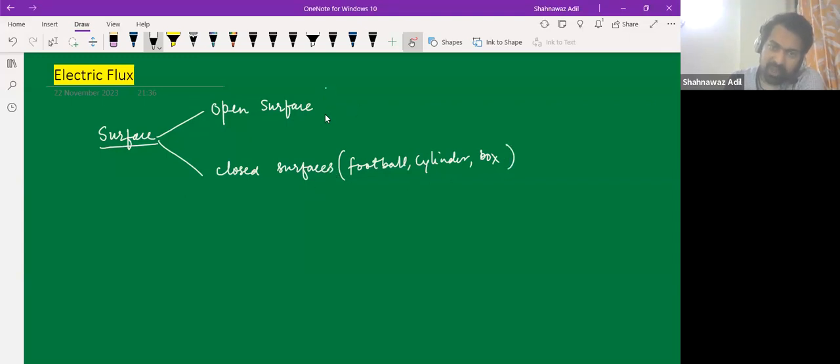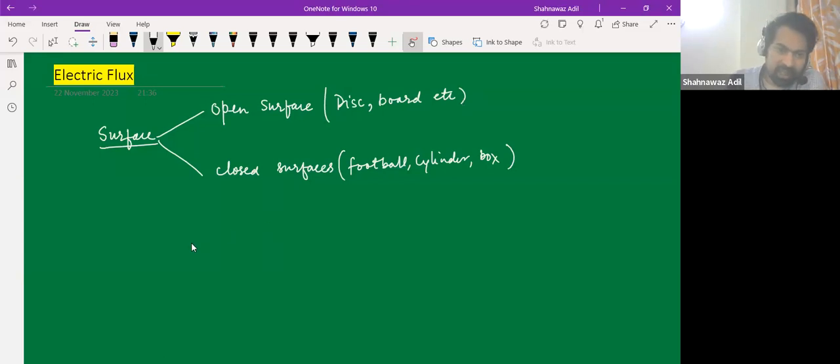And then you have these open surfaces, which are a circle, or let me write disk, because the circle is not a surface, so disk. And then you have this, let's say, board. So these are some open surfaces, right?